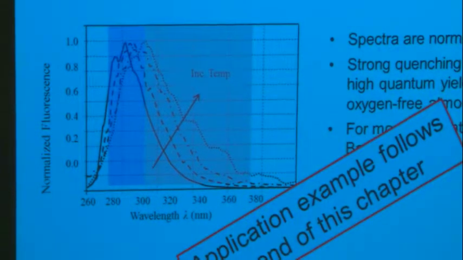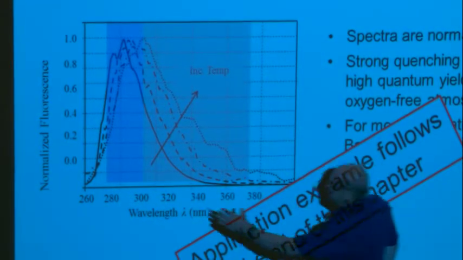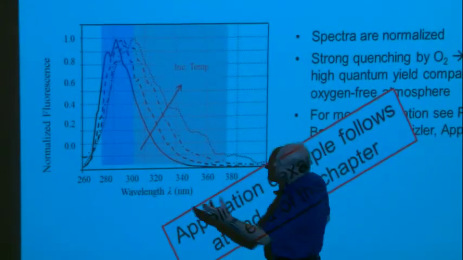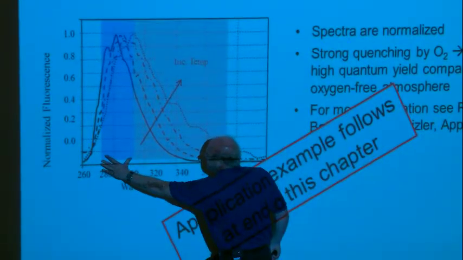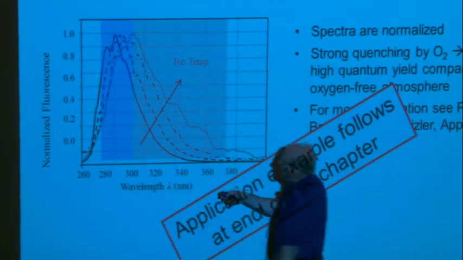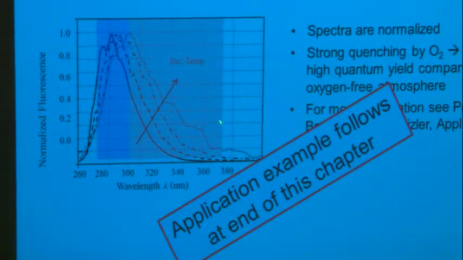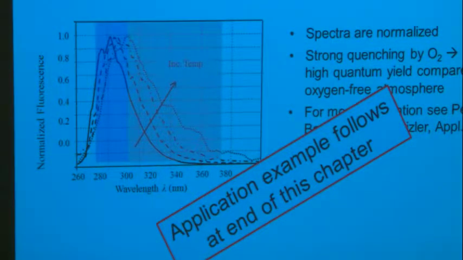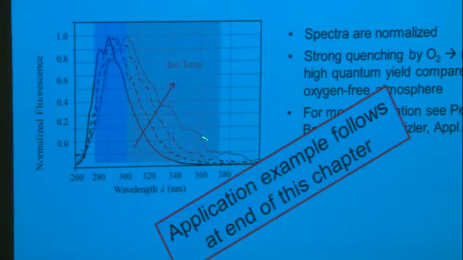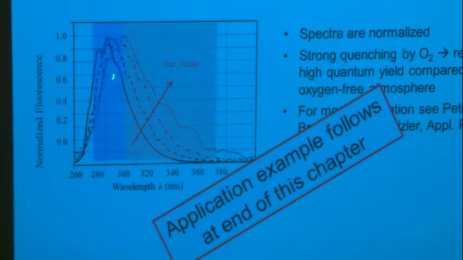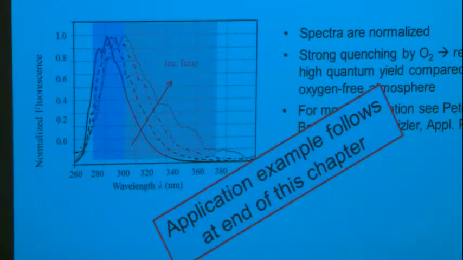And imagine you now have two detectors that look at the same time at this fluorescence, and one is looking at this spectral band and the other one at that. We call that the blue and red channel. Then the ratio of these intensities of the blue and red channel will change when the temperature is changing, because the blue channel for higher temperatures will see a smaller intensity, whereas the red will see a larger one.